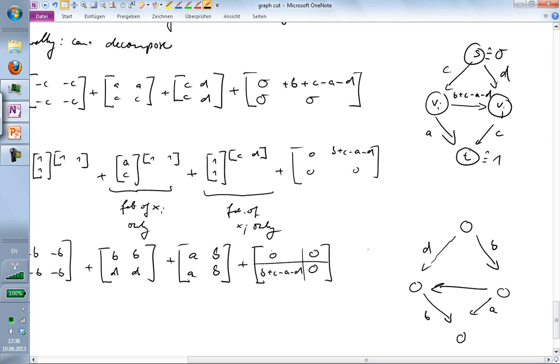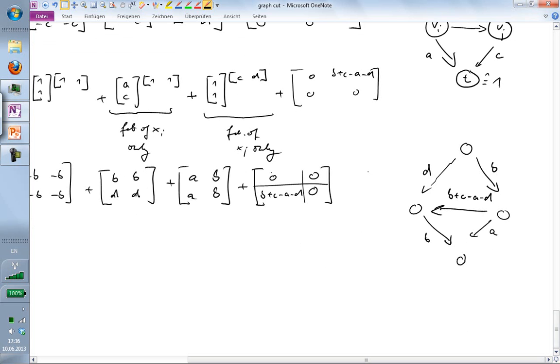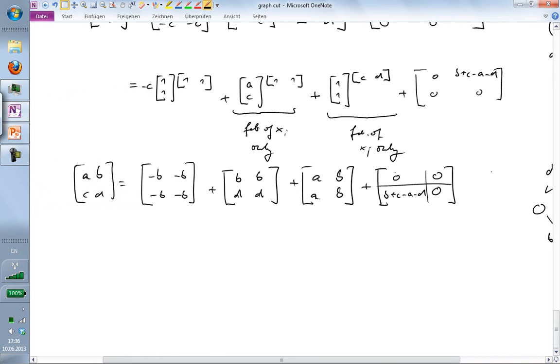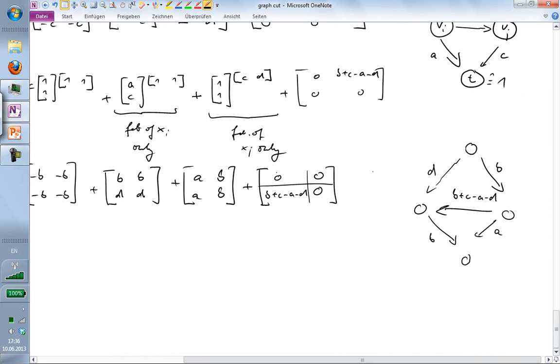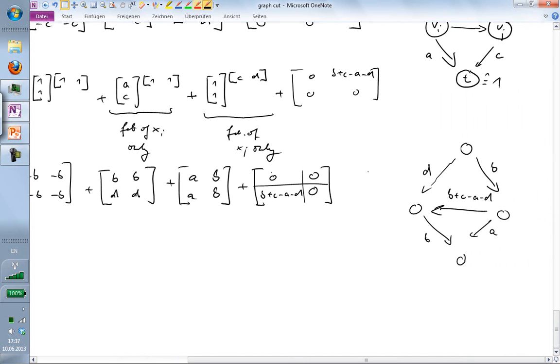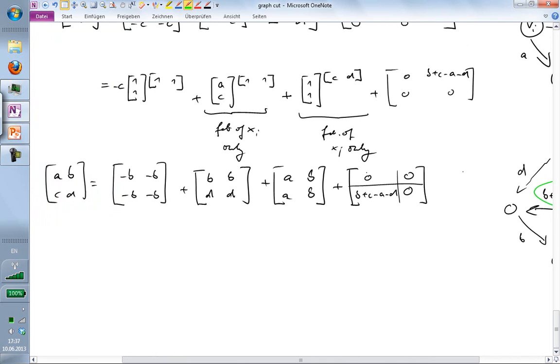And now I have the edge pointing in the other direction. Again, you can verify by taking all 4 cuts that this will give you the correct energy, provided that the submodularity condition holds. So again, all capacities must be non-negative, and this is true exactly if B plus C minus A minus D is not less than 0.